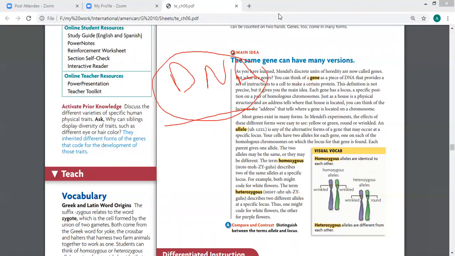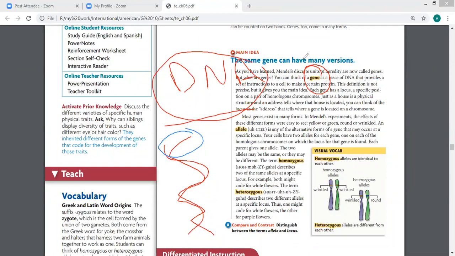So what's the meaning of gene? We know that DNA is double stranded, a double helix, according to the scientists Watson and Crick. If we take a piece of the DNA strands, it's called a gene.